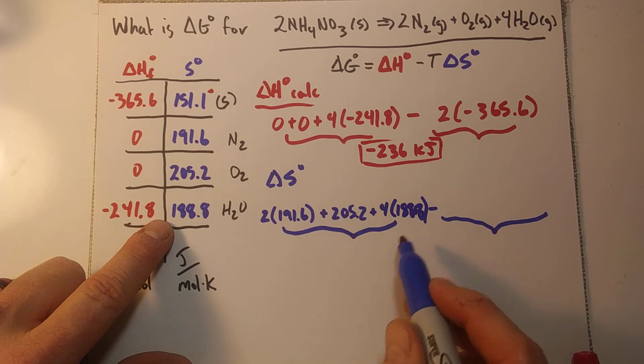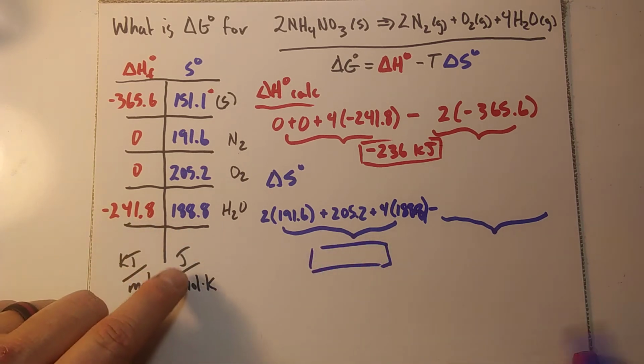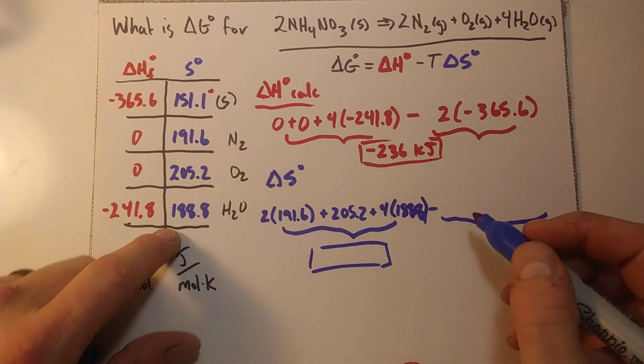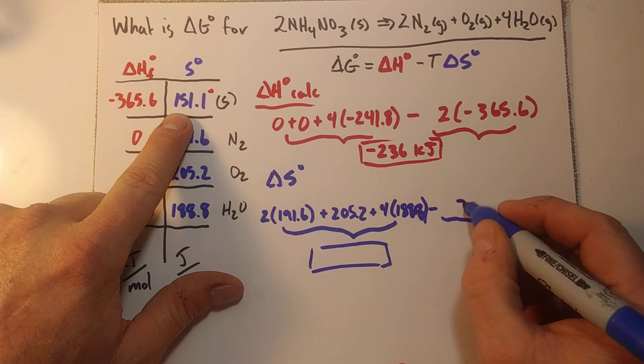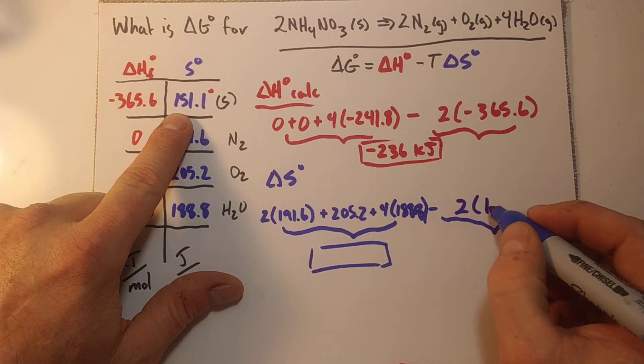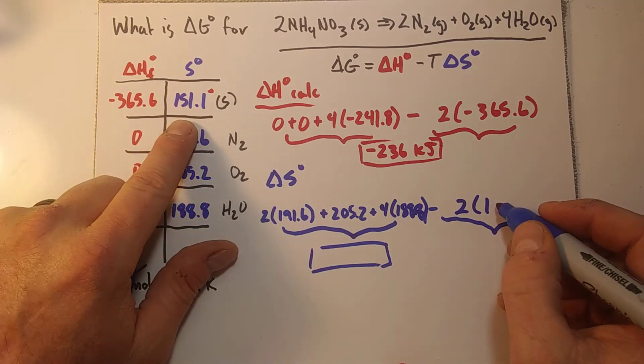So these 3, we're going to add them all up, and we'll get our combined positive value, but we're going to subtract off of it the entropy for the solid, and it's 2 times that. 2 times 151.1, since there's 2, we have to use 2 up front.